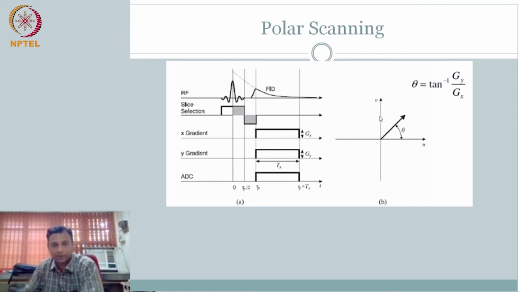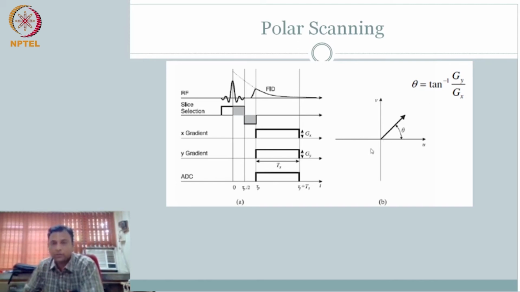I can repeat this experiment. I am reading the signal. The signal is now a contribution that is encoded with Gx and Gy, so I know where the signal is coming from. If I repeat this experiment several times with different Gx and Gy, I may be able to cover the whole space. Of course, the only thing is each time, in order to come back to the origin, you will have to wait.